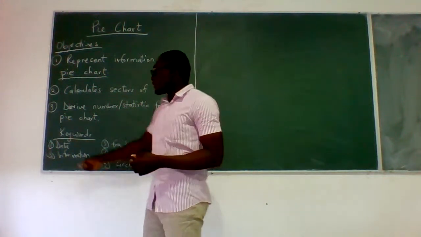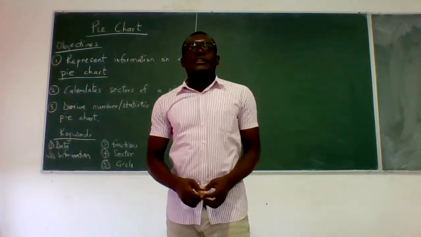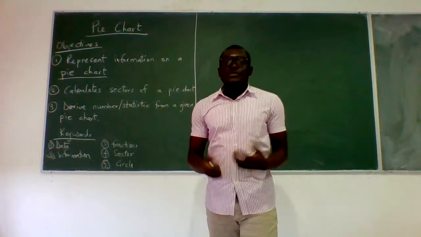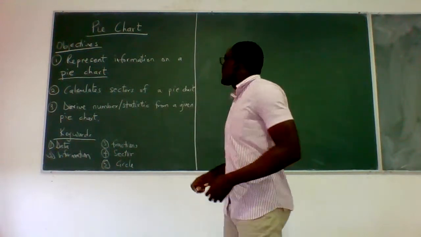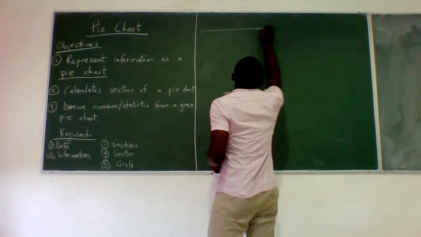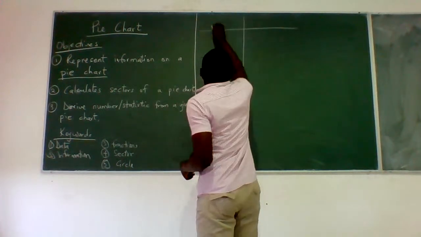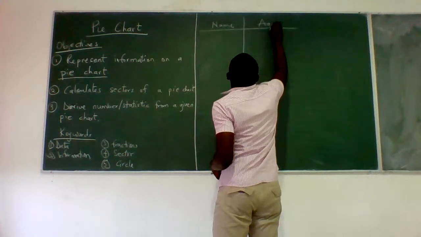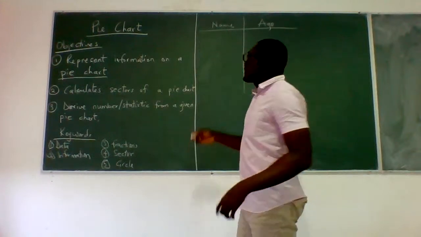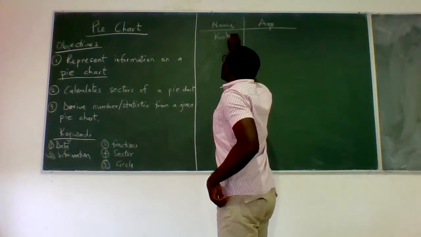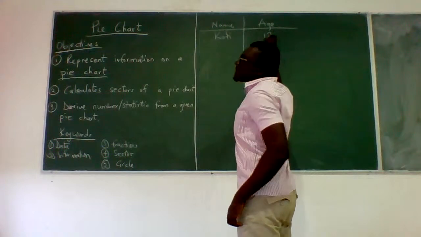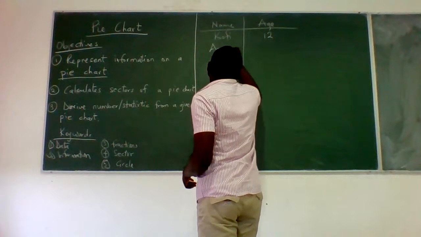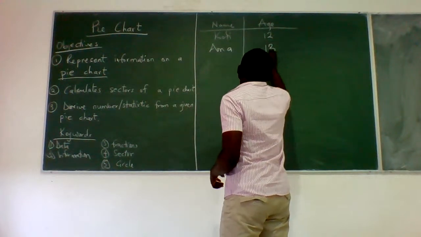So when we talk about data, what do we mean? So assuming I come to a class and I say that everybody should get up and tell me their ages. And let's say I have this thing here. So this is name and this is age. So the first person gets up, the name is Kofi, and Kofi tells me he is 12 years. Then the next person, let's say Ama says she is 13.